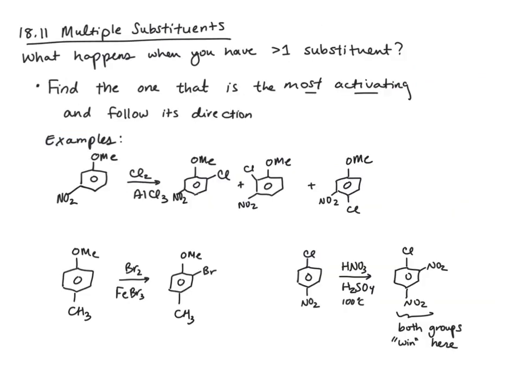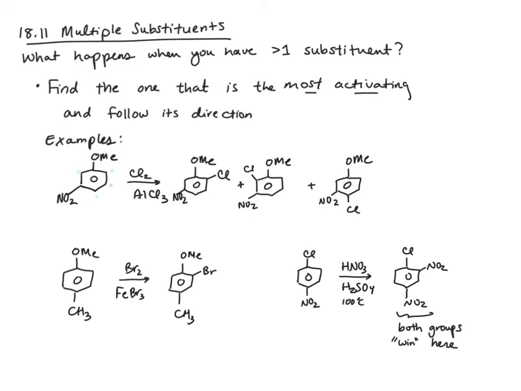What happens when you have multiple substituents and you have to figure out where to put the next functional group? For example, if you have this compound, methoxynitrobenzene, then we have the methoxy group that is an ortho-para director, and the nitro group, which is a meta director.